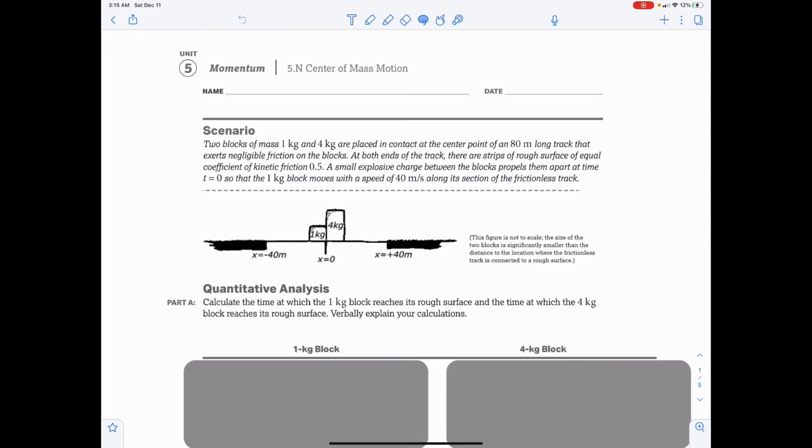A small explosive charge between the blocks propels them apart at time t equals 0, so that the 1 kilogram block moves with a speed of 40 meters per second along its frictionless track. Okay, so we're given the initial speed of the 1 kilogram block. Well, actually it's the final speed after explosion, but it's the initial speed of its motion.